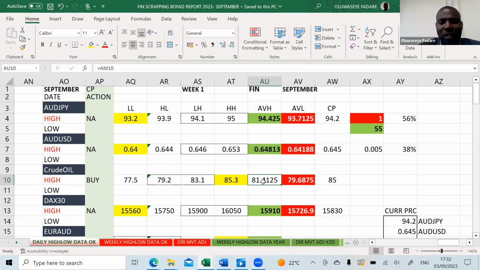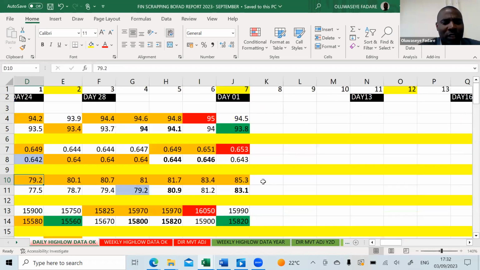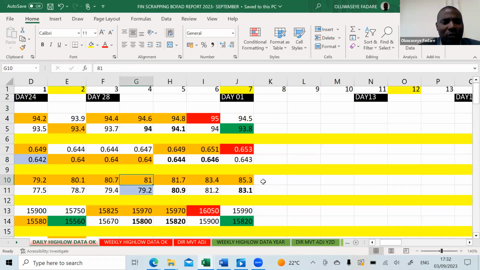Let's look at where we can get 81.4 from our report. When we look back again at the extreme, you can see that 81.4 is around this position, although it will not be the price at that point in time.